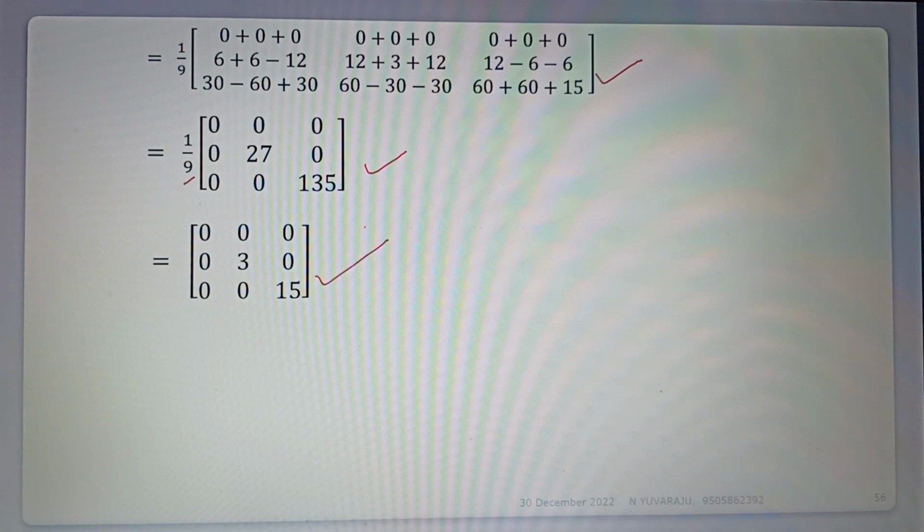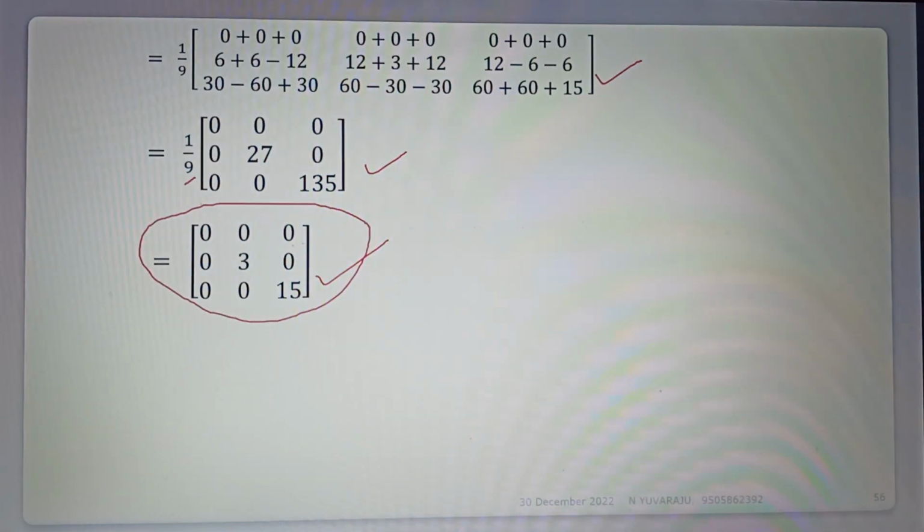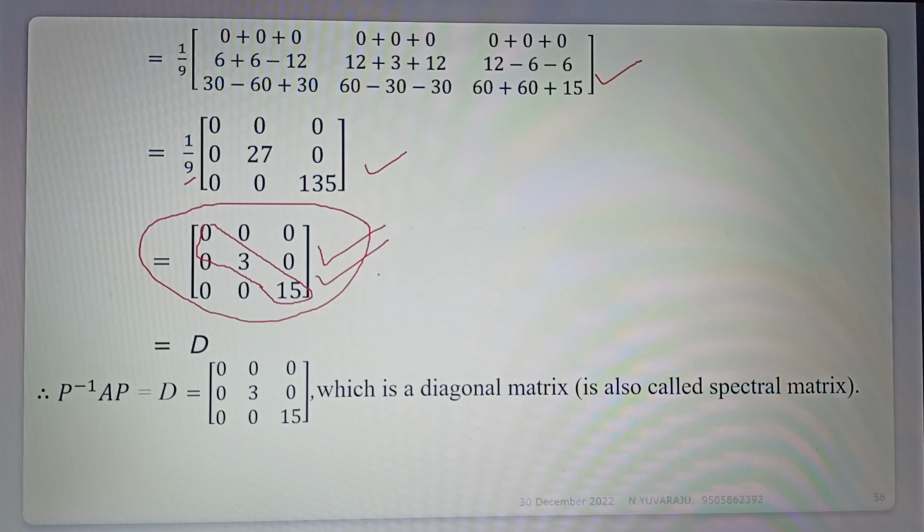So observe, this is a diagonal matrix. Look, what are the diagonal elements? 0, 3, 15. 0, 3, 15 are the eigenvalues, right? So given matrix A is diagonalizable, therefore the diagonal matrix is this one, D. So P inverse AP is equal to this diagonal matrix, which is also called a spectral matrix.